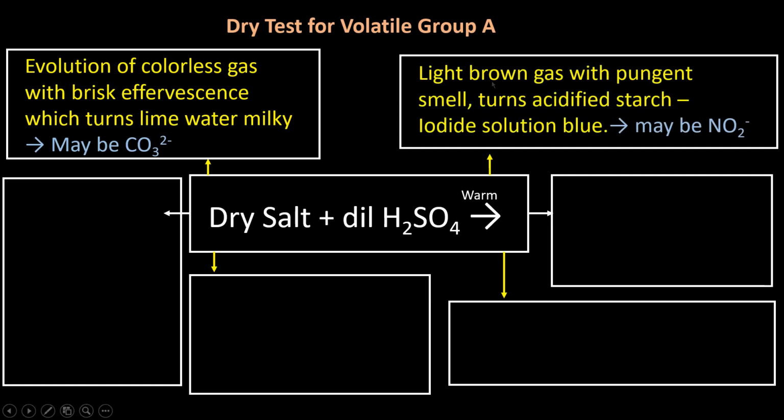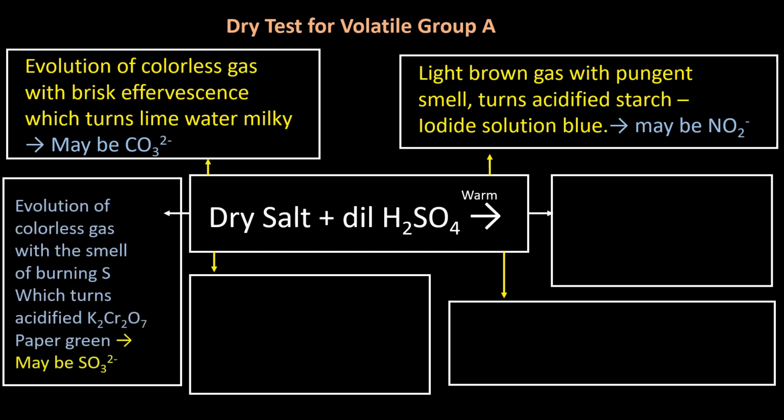Then, if we get light brown gas with pungent smell and which turns acidified starch iodide solution blue, then it may be nitrite. If we get the gas with the smell of burning sulfur and which turns the acidified potassium dichromate paper green, that means you dip the paper in potassium dichromate and you just hold it over the gas, then if those spots wherever potassium dichromate is there become green, that means it may be sulfite.